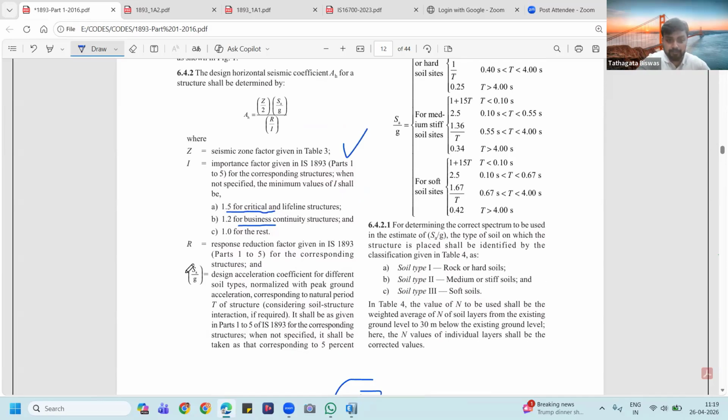Next is the R value, which is very, very important. It is extremely important. Please pay your attention to the fullest on this. The response reduction factor is directly dependent upon ductility. Okay, now what is ductility? Ductility is basically similar to elasticity, without a significant amount of deformation or significant loss in strength.